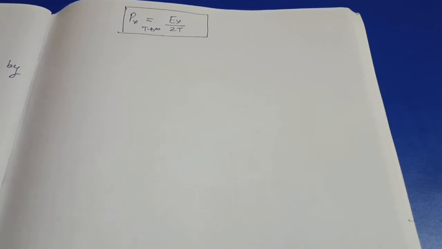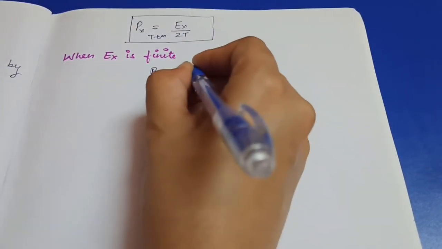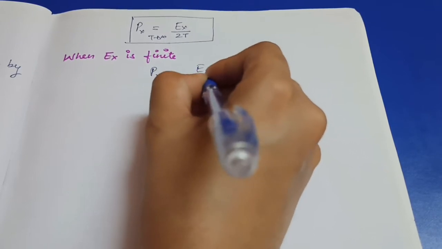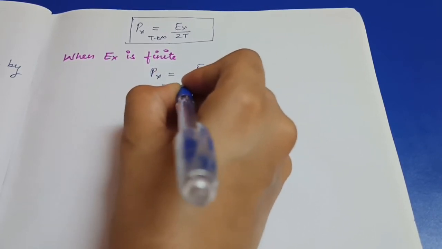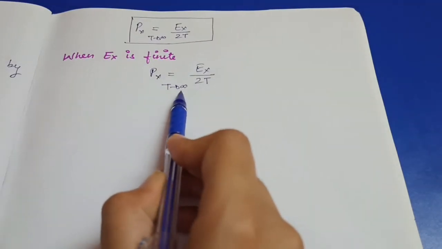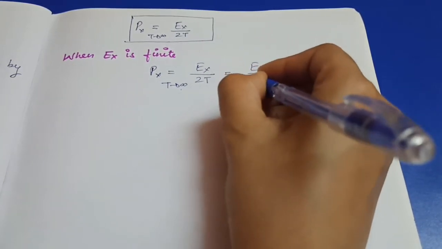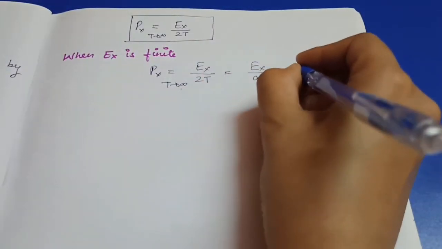Now let us consider the two cases. First case is if the energy is finite, then how much is the power of the signal, right? Let's calculate it by using this formula. Since T approaches infinity, substitute it, we will get Ex by infinity, which is 0.